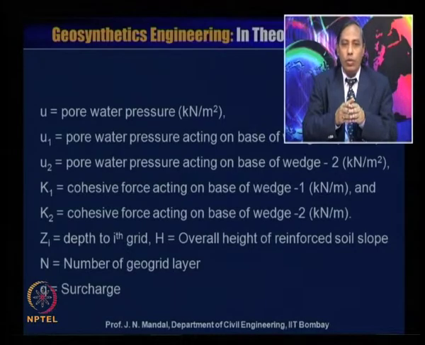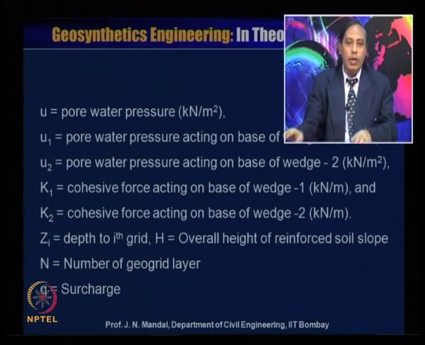N is the number of geogrid layers, and Q is the surcharge.